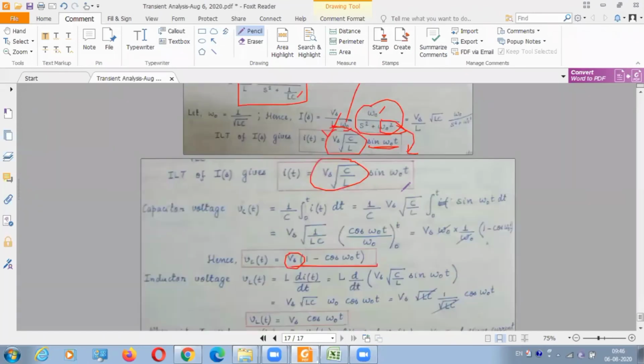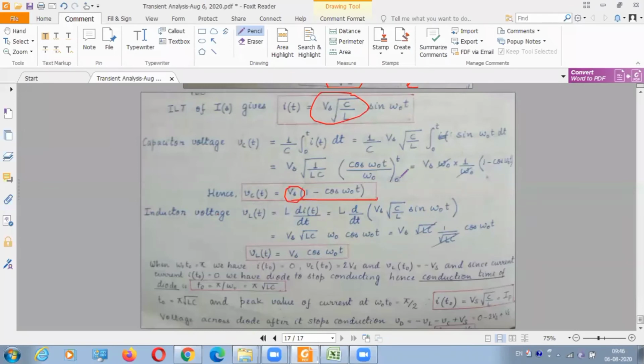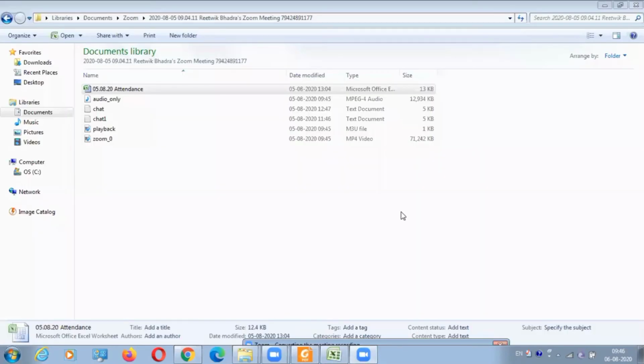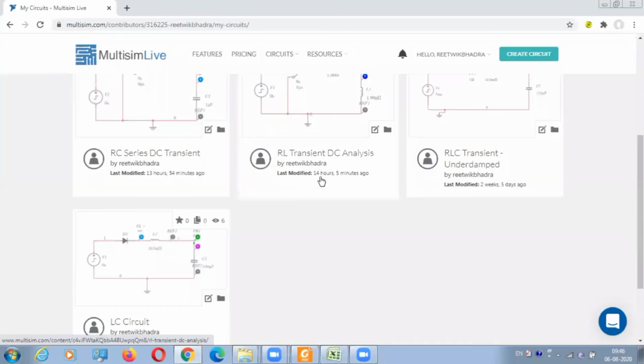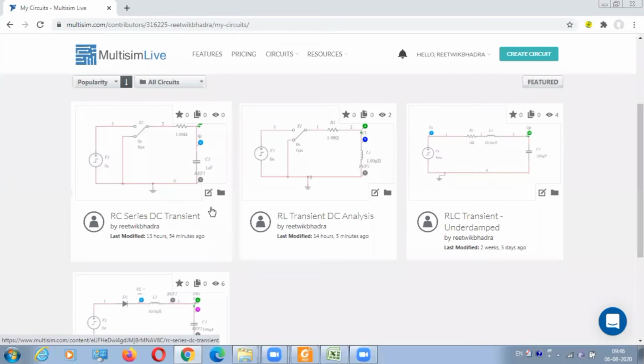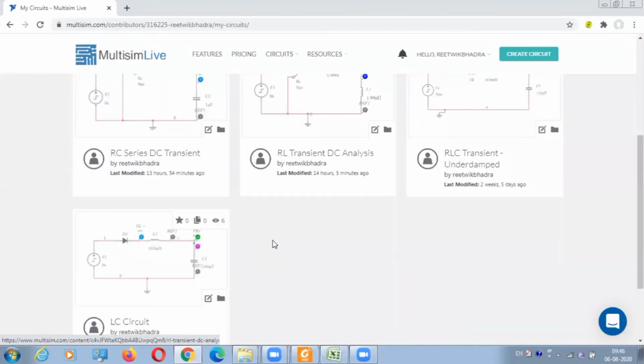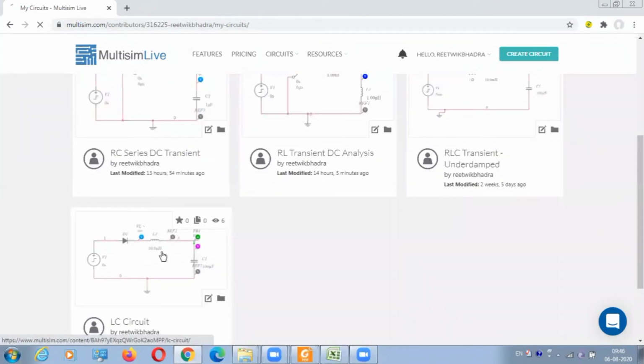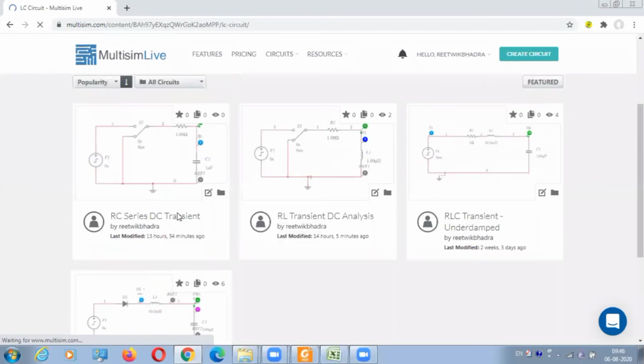Okay. So what we will do now, I think basically you have understood all these 4 circuits. Now I'll jump into the simulation part. I think simulation screen is visible for you all, multisim.com.